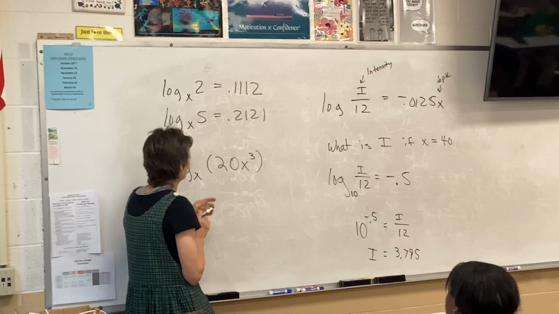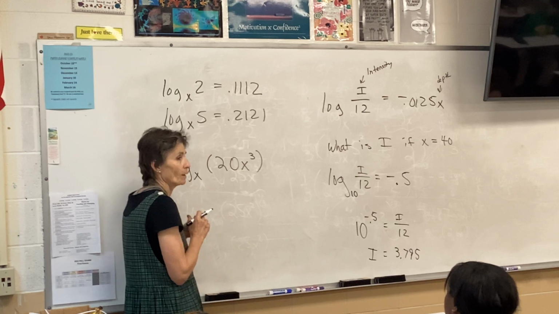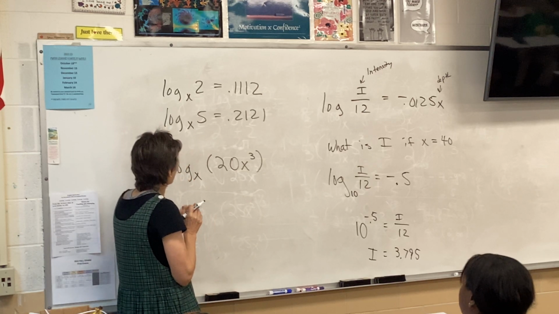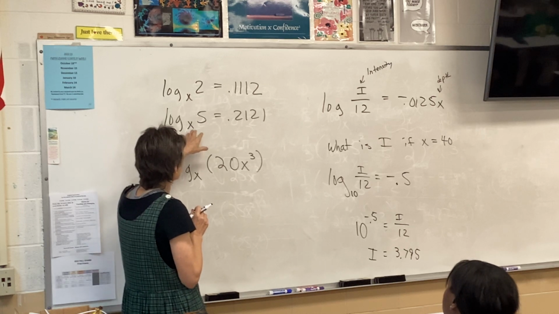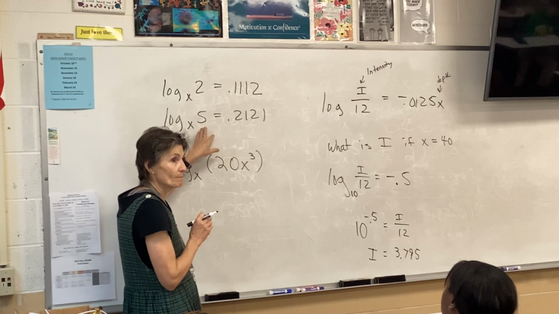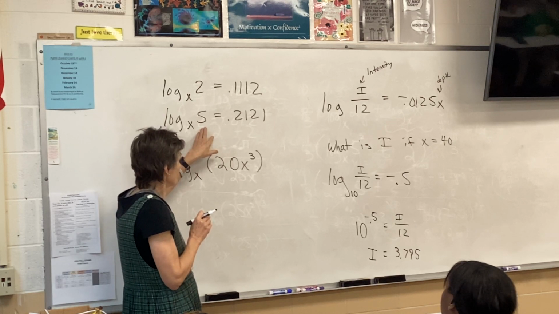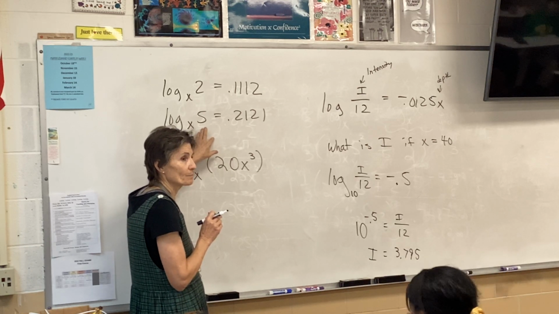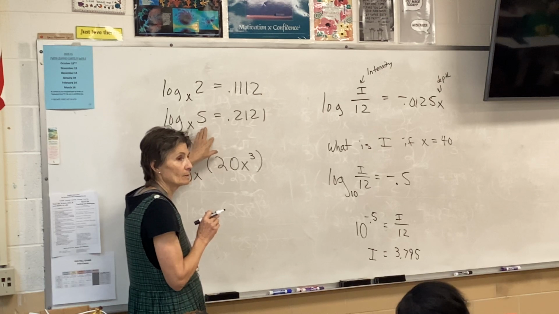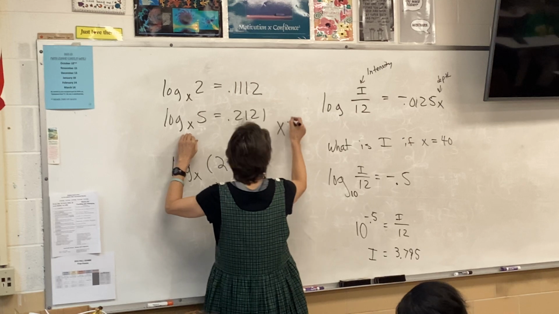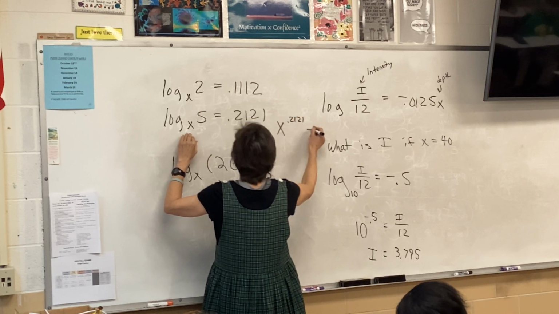Up here it would say x to the 0.2121 equals 5.